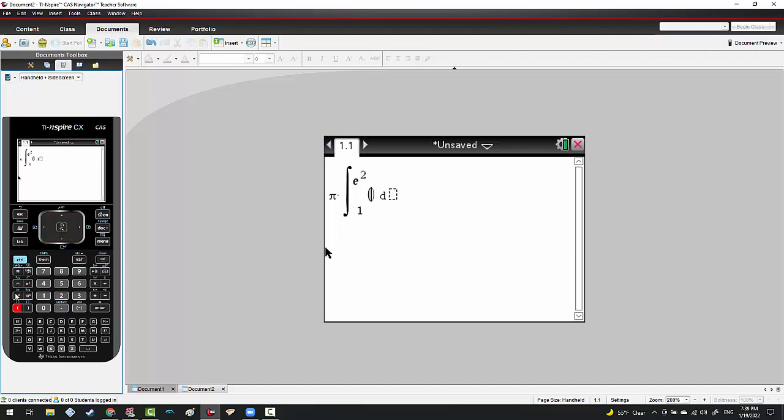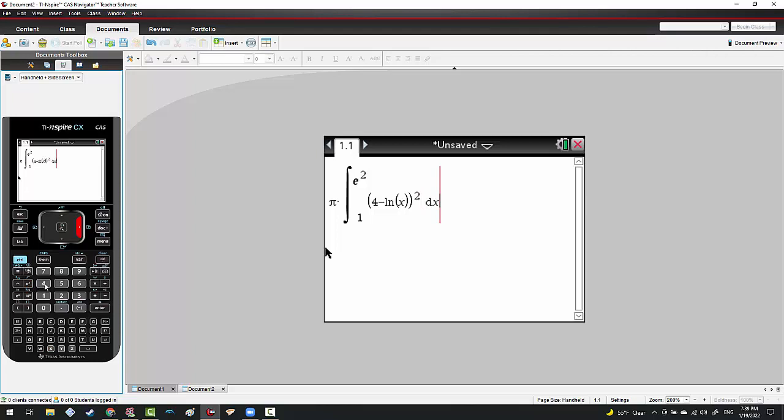And I'm actually going to put it in individually. So that's going to be 4 minus ln of x, and it doesn't matter which variable you put in because a variable is a variable according to this calculator, which I think is appropriate, dx.